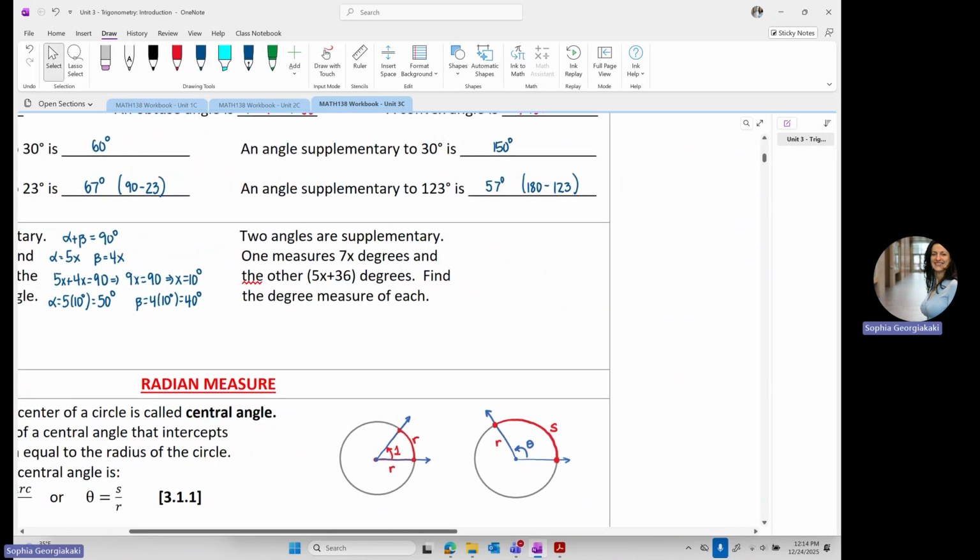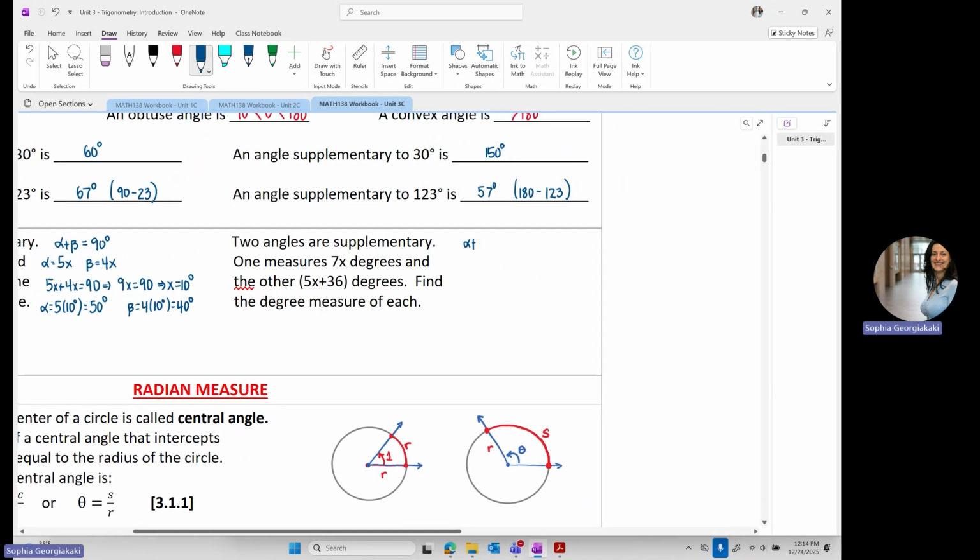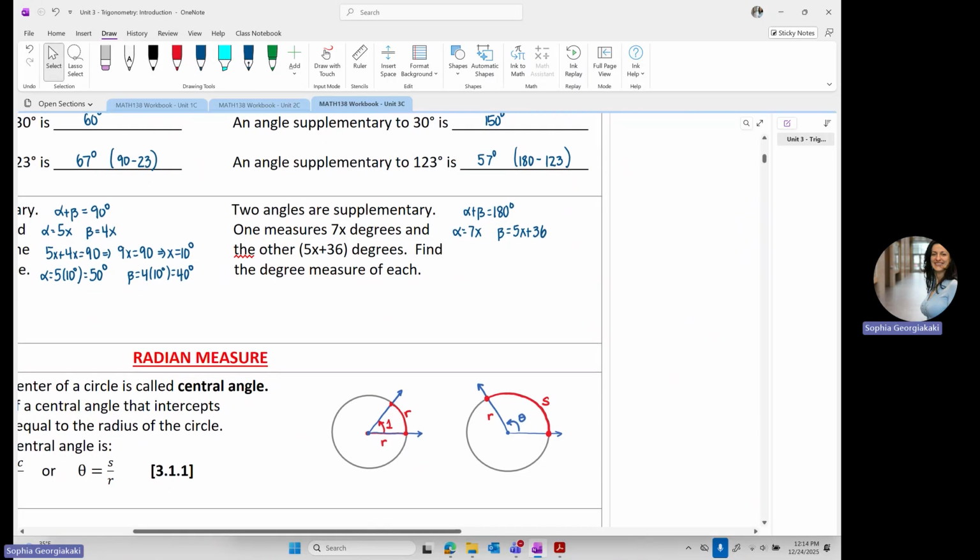Two angles are supplementary, so alpha plus beta is 180 degrees. One measures 7x degrees, that will be alpha, and beta measures 5x plus 36 degrees. Find the degree measure of each. Therefore, I will do the same thing.